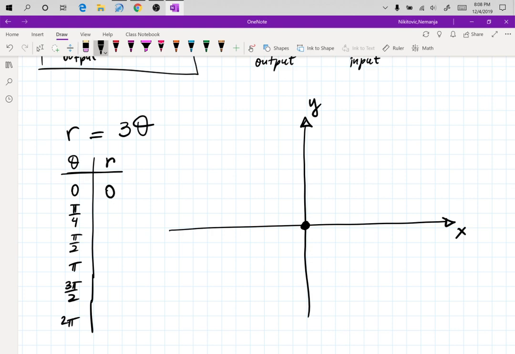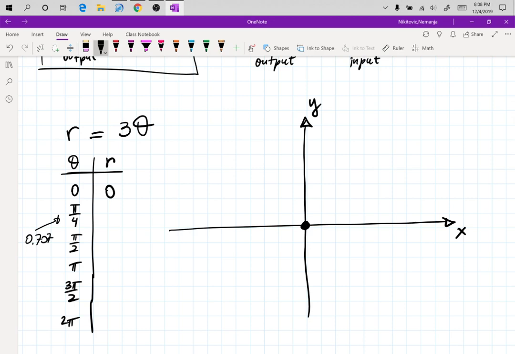Now I'm going to pick theta to be pi over 4. Now pi over 4 is about 0.7, right? If your pi is 3.14, divide that by half, you get about 1.57. Divide that by half, you get about 0.785. So this is roughly 0.78, or something like that.